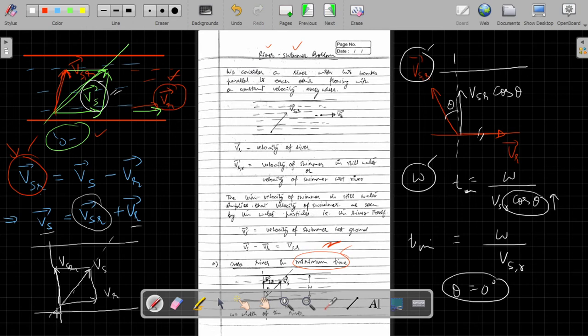So even though the man is swimming and crossing the river in minimum time, it is not necessary that he crosses by the shortest path. In fact, it would be just opposite.